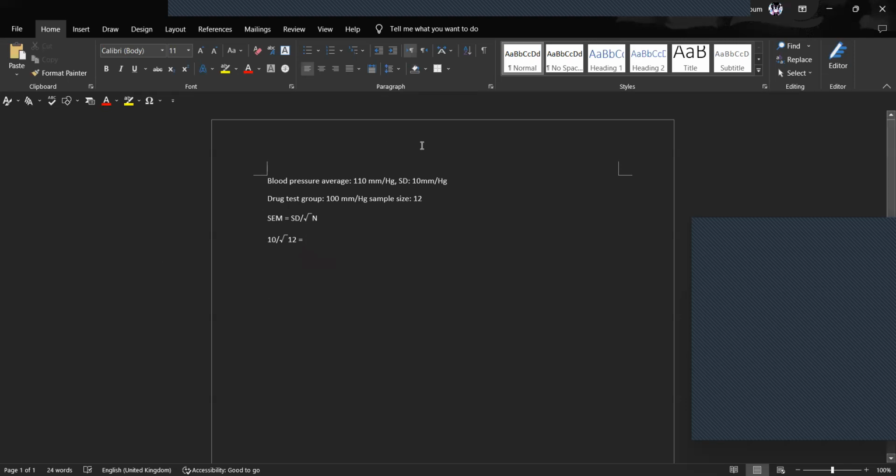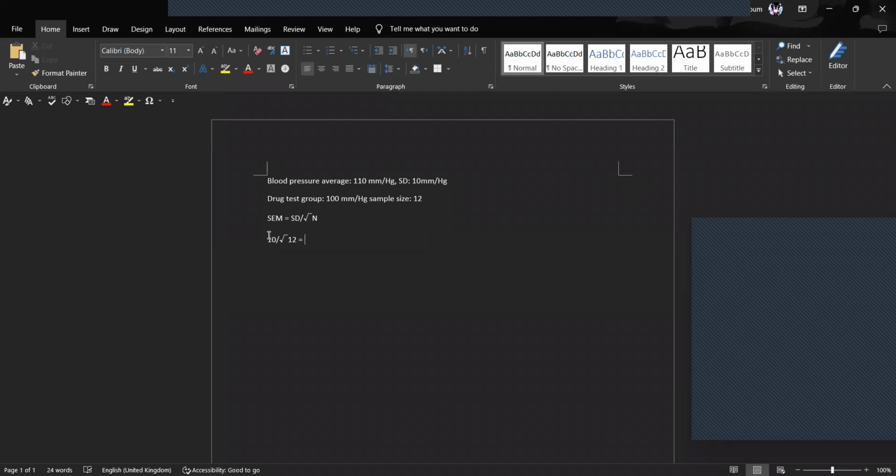And then from there, we can calculate our Z value. So just to get the standard error of the mean, oh, you guys can't see this, I'm opening a calculator. 10 divided by, so, well, first we need the square root of 12.